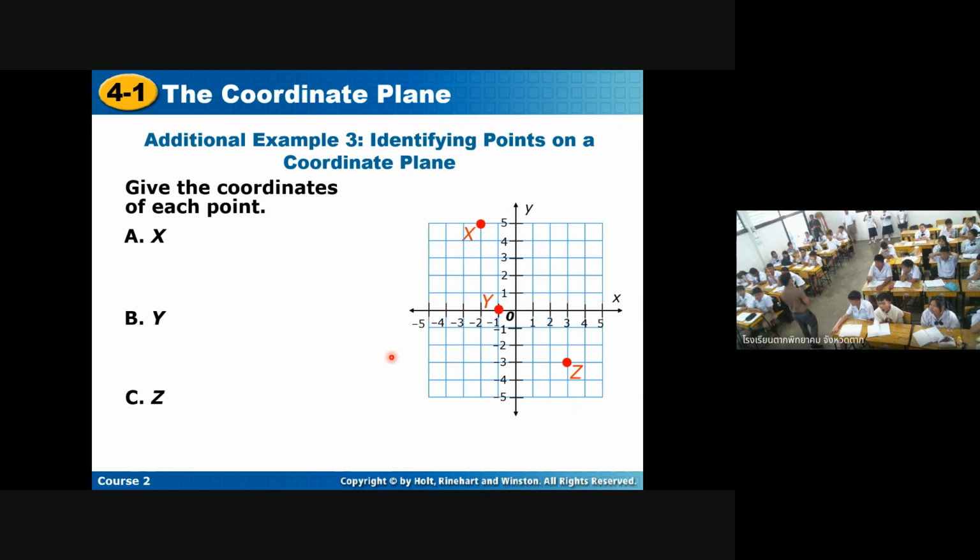Okay, now everyone, can you tell me what are the coordinates of point x? Yes, mister. Stand up. Tell me.